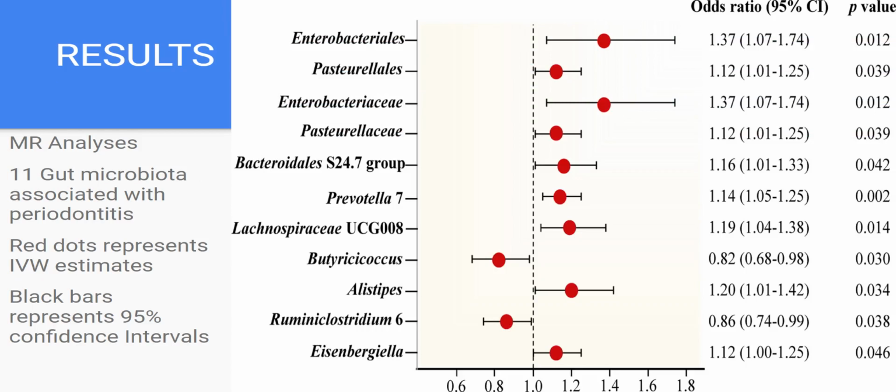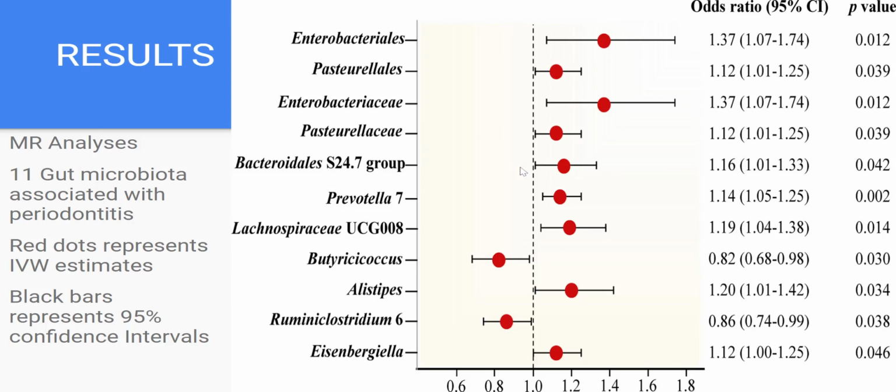Here you can see another diagram for the results that we obtained, and these are the microbiotas over here, and you can see the odds ratios and the p-values. This diagram shows the inverse variance weighted estimates of significantly periodontitis associated gut microbiota taxa, and here are the 11 microbiota shown in these plots that were causing some effect on periodontitis.